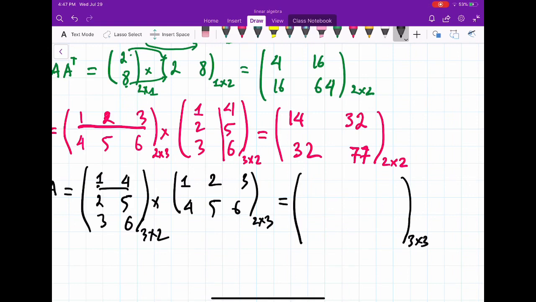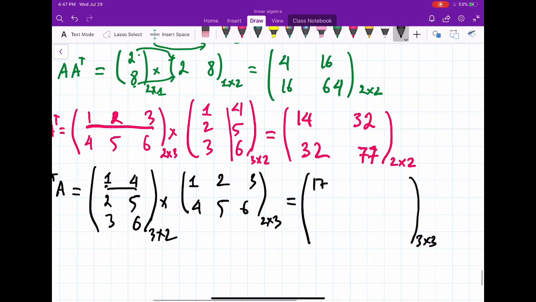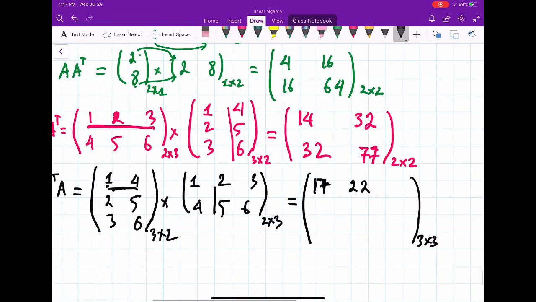First row and first column, I get 17 in here. Okay. So the next one, first row with second column, 2 and 5, so I have 22. First row with 3, 6, I have 27. All right. Without computation, I can write 22 in here. Okay. And then second row with the second column would be 25 plus 4, 29 here, right? Here I can write 27.